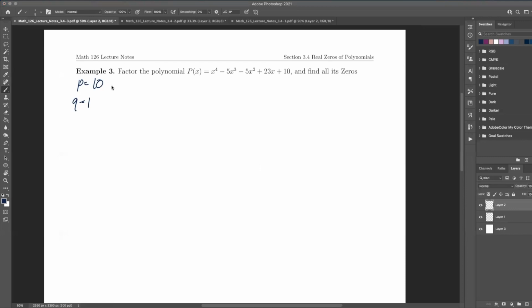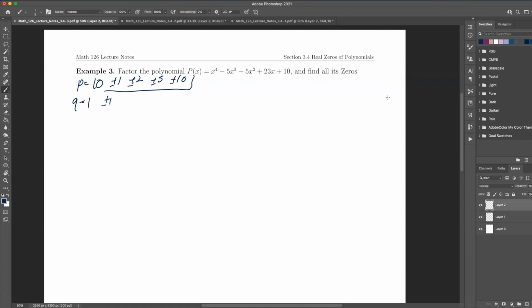And so here, this is plus or minus 1, plus or minus 2, plus or minus 5, and plus or minus 10. So do we really need to check just this up here? That's all we need to check, right? Because only if the leading coefficient's a 1, you just check the factors of 10 or the constant term. Okay.